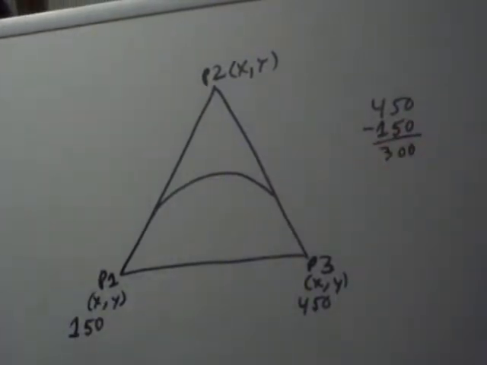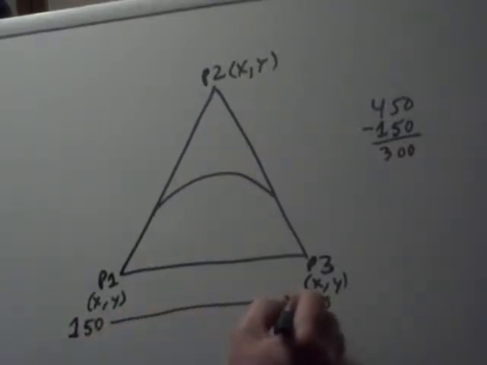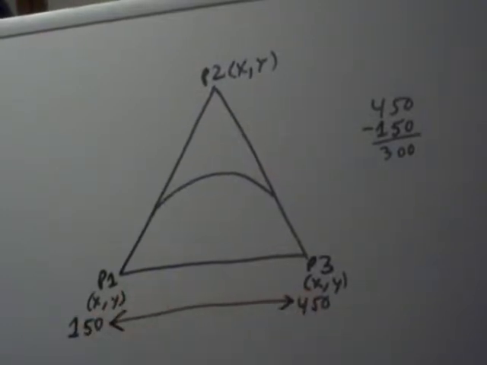The 300 is how many pixels there are between 150 and 450. That's what that 300 actually is. So there are 300 pixels between here and here.